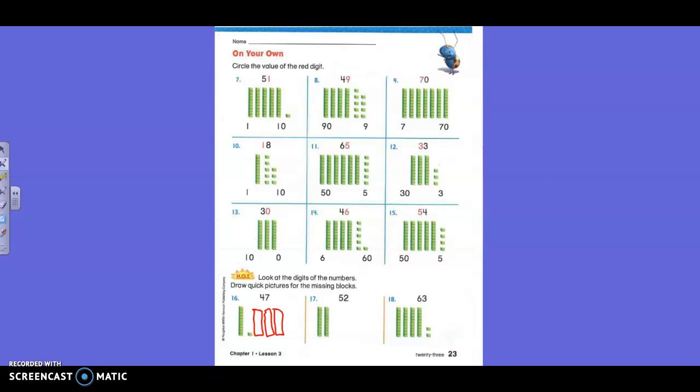Okay, you have 1. Look at your 1 on your number line, Claire. Get your 1. Now count on 1, 2, 3 to get to 7. How many is that? 6 more. There you go. So we need 6 more 1s.